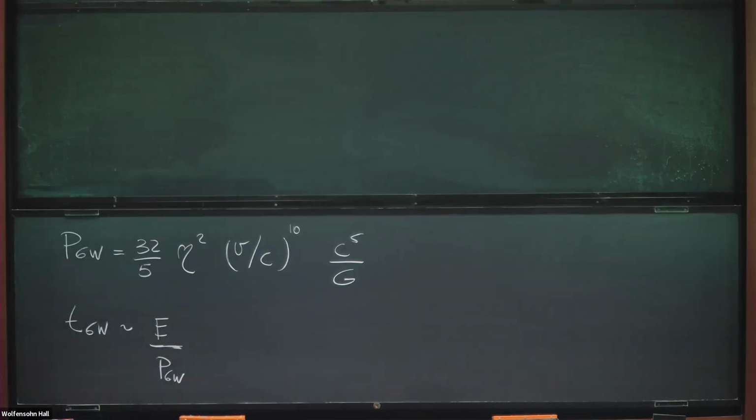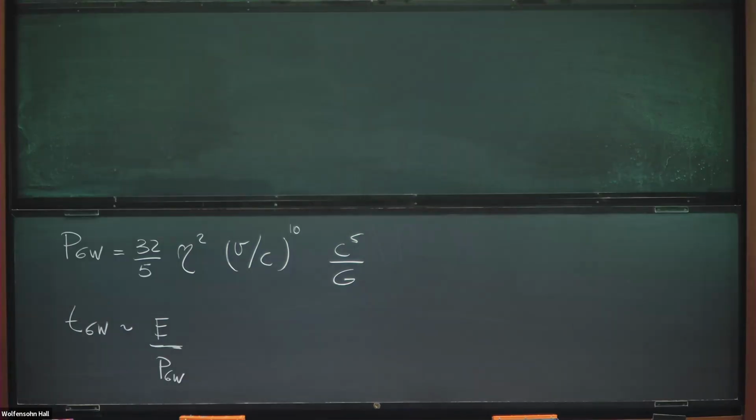The binding energy and the frequency are just, one is a power of the other, so you could have defined the gravitational wave timescale by thinking about the variation timescale for the frequency instead of the energy, something like F over F dot or period over P dot.